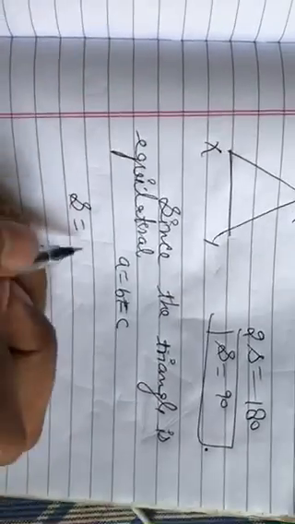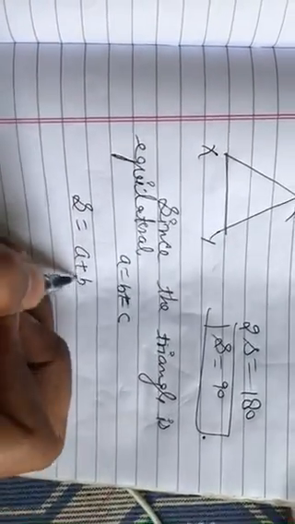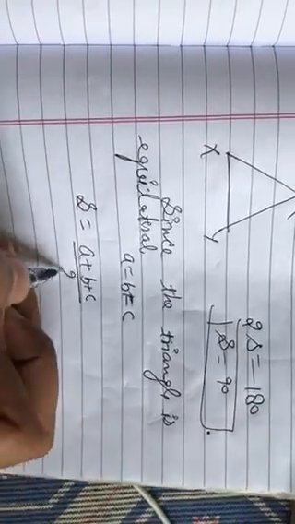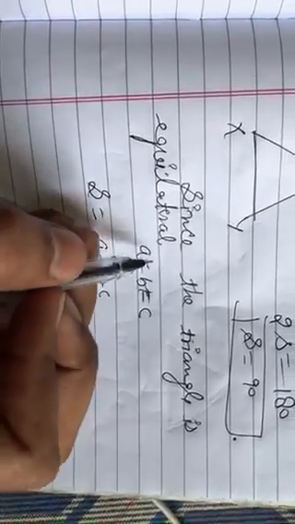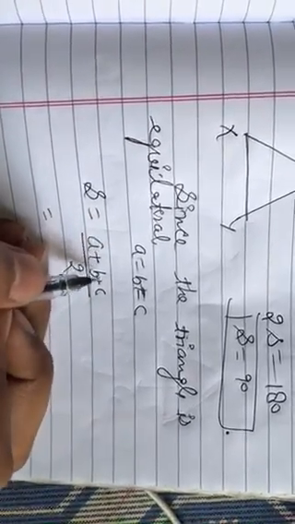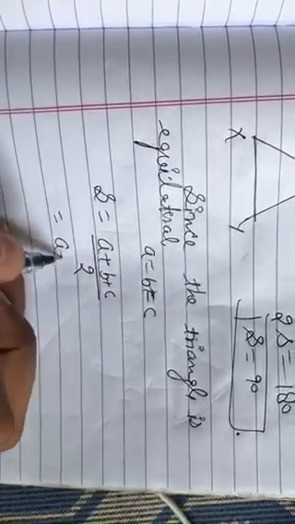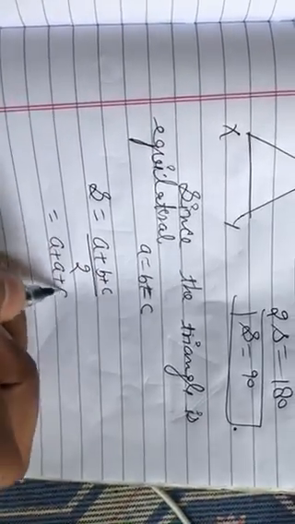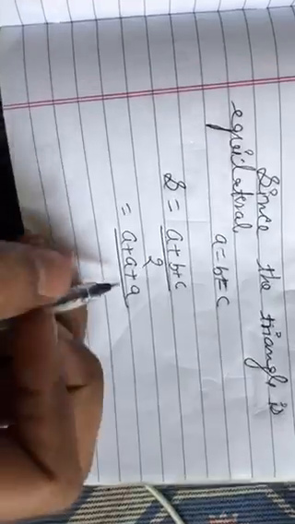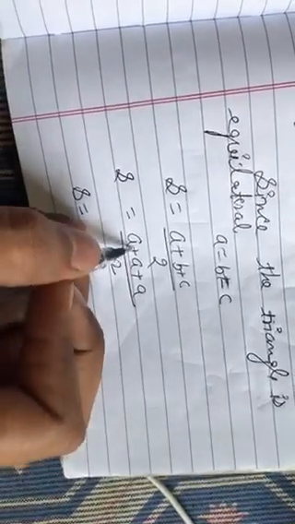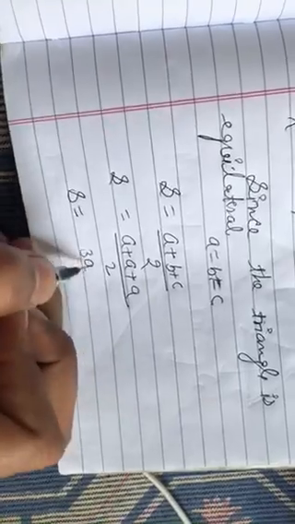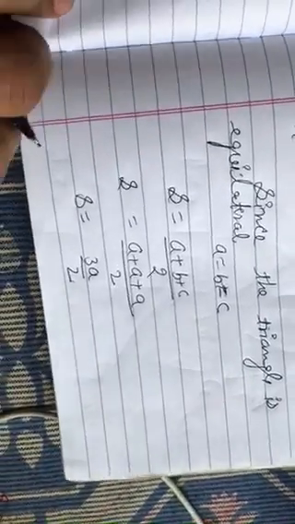How? Because the formula of S is given by A plus B plus C by 2, and the triangle is equilateral, so we can take A instead of B and C. A plus A plus A, because all sides are equal. It is 3A by 2, right?